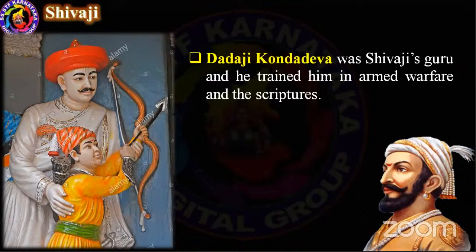Dadaji Kondadeva trained him in armed warfare, how to use the sword, archery, and horse riding. Whatever qualities a warrior should have were taught by Dadaji Kondadeva to Shivaji. And honesty, religious fervor, mercifulness, and other moral ideas were taught by his mother and the religious teachers.